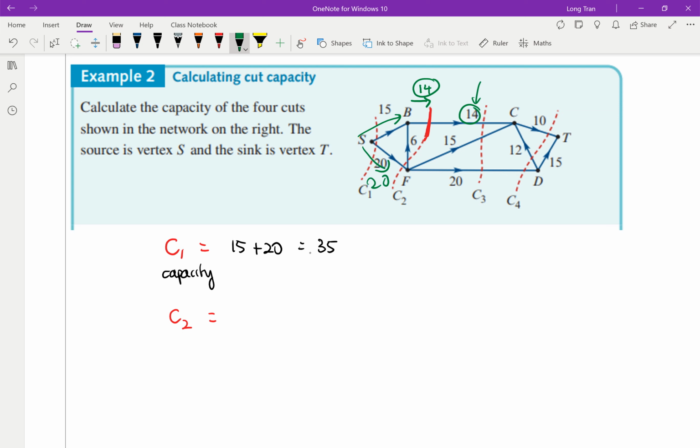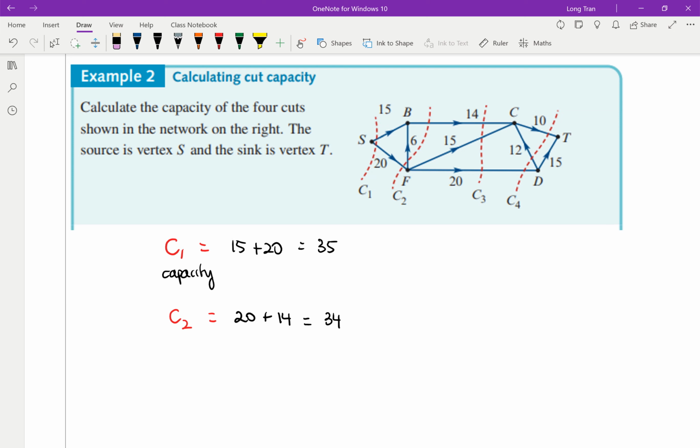It gets to F and it's definitely 20, but then F cannot go to B because the cut had already happened before I even got to F. So the flow that I get is only 20 from the bottom. And then on the top, it goes 15, but it can only have a maximum of 14. So plus 14, and that gives me a total of 34 for cut number 2.